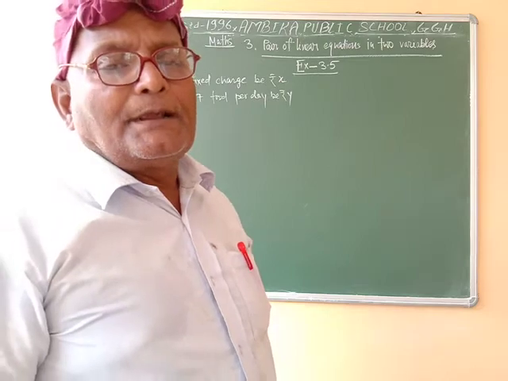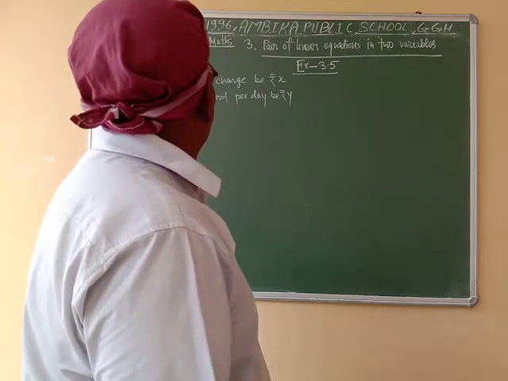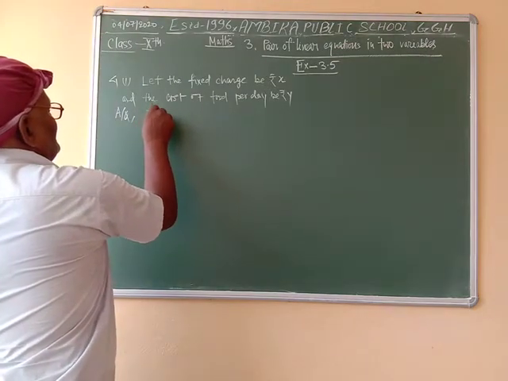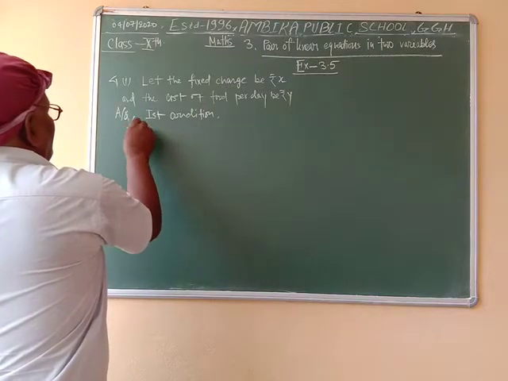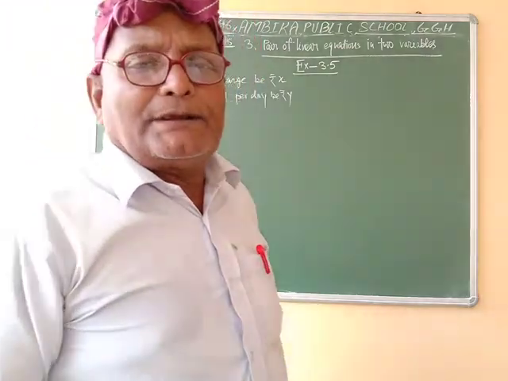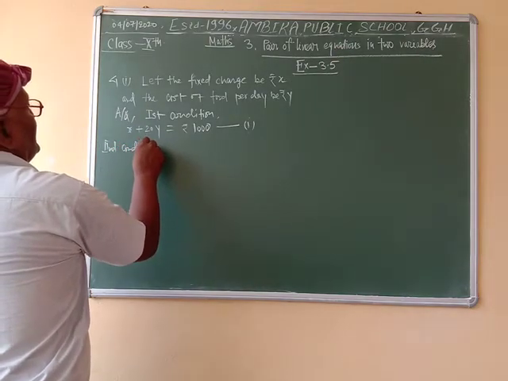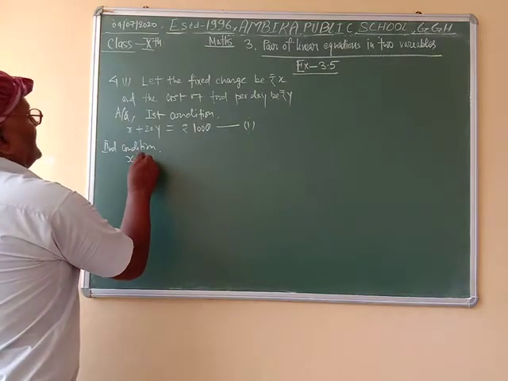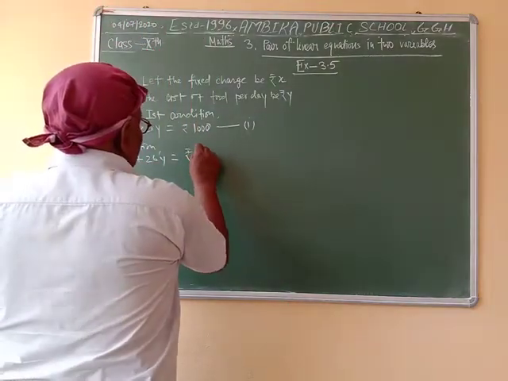A takes food for 20 days, the charge for 1 day is equal to Y. So X plus 20Y is equal to rupees 1000 as hostel charge, and according to the second condition, X plus 26Y is equal to 1180 rupees.